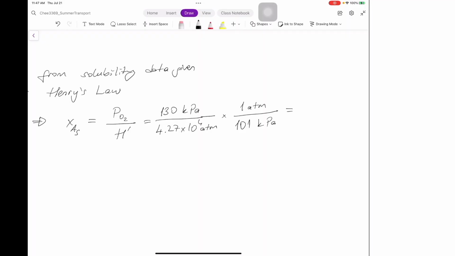And you get the XAS, let's calculate, 130 divided by 101 divided by that, so it's basically 3.01 times 10 to negative 5, right? That's the XAS.